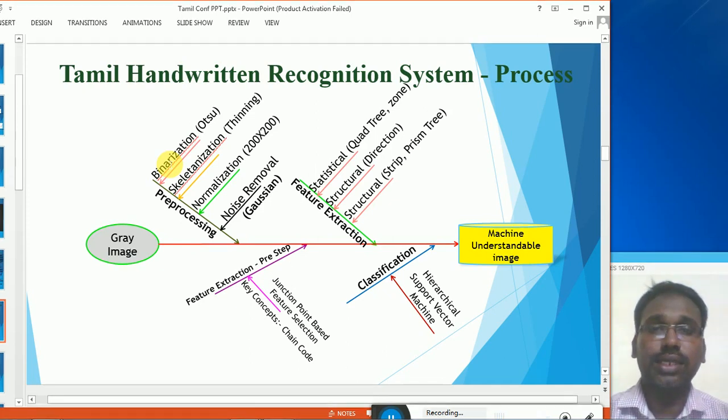In statistical, we apply zoning, quadtree and so on. Two different structural formations are used: one is direction based, the other is shape based. In direction, eight directional concepts are applied. In shape based, strip and prism trees are used. We combine all algorithms in the coming slides. For classification, support vector machine, decision tree and many other algorithms are used, but the support vector machine gives a good result.